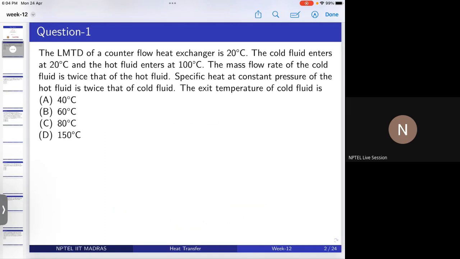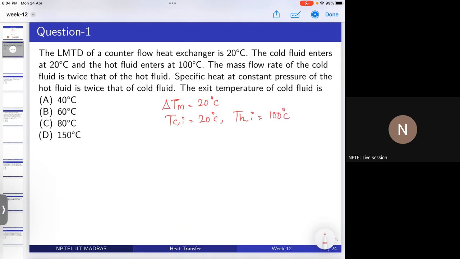Okay, the given data: the LMTD, which I'm representing as delta Tm, is 20 degrees Celsius. The cold fluid inlet temperature, TCI, is given as 20 degrees Celsius, and the hot fluid inlet temperature, THI, is given as 100 degrees Celsius.